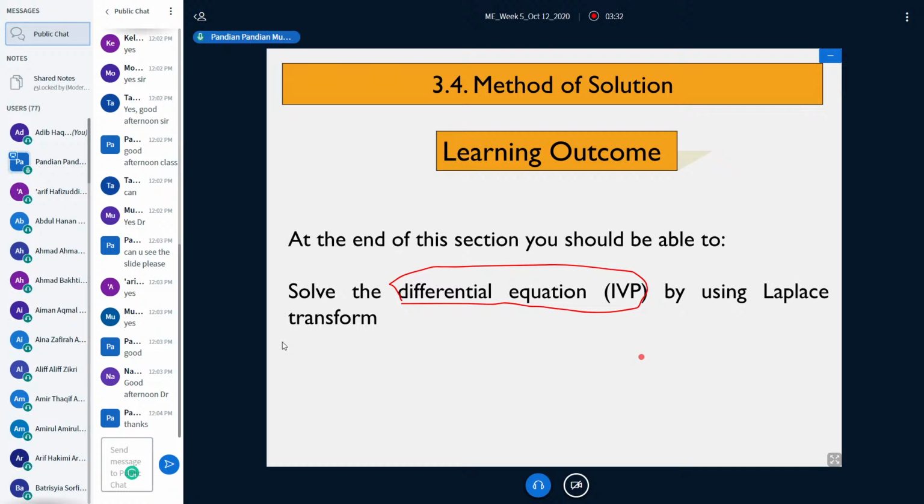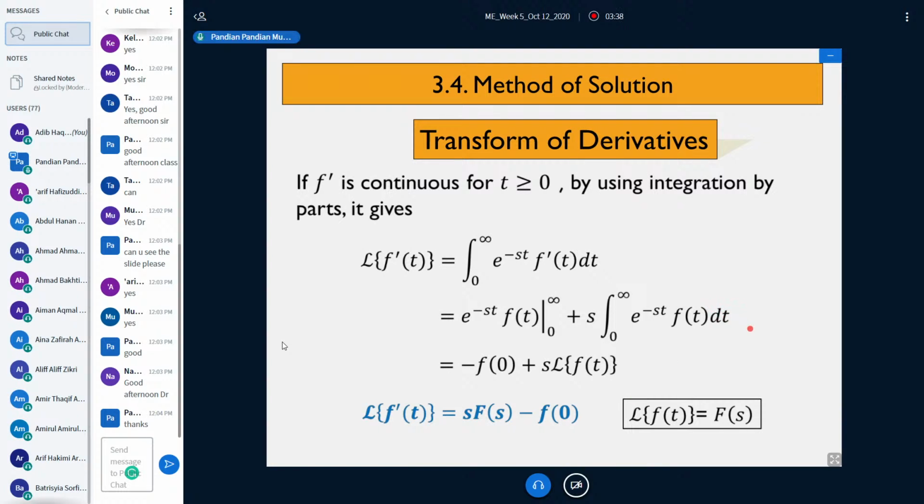He discovered this method to solve this initial value problem directly. Directly meaning you don't have to find the C separately. That is one of the advantages of this method.